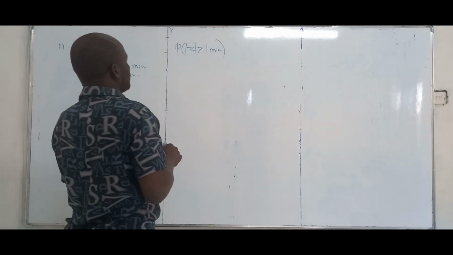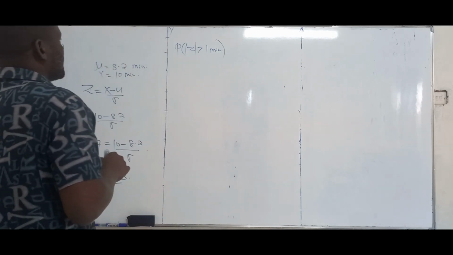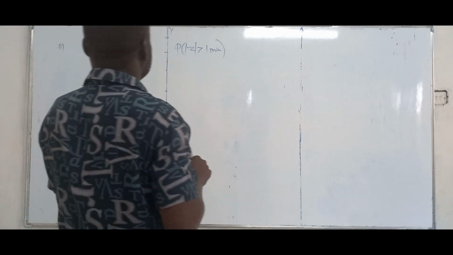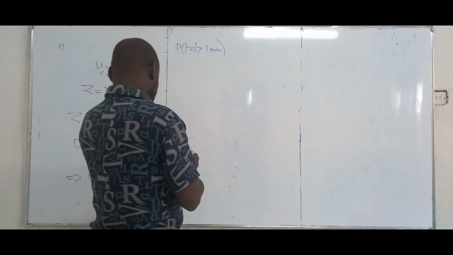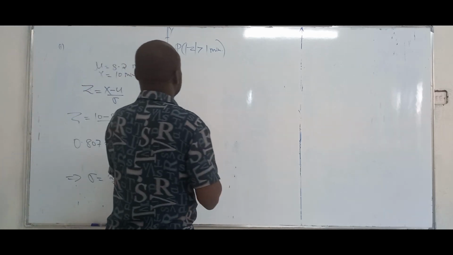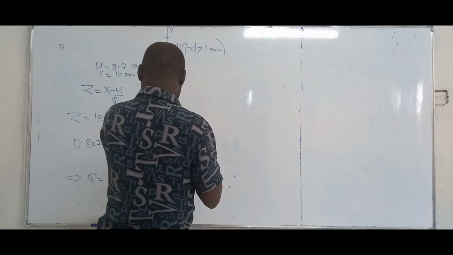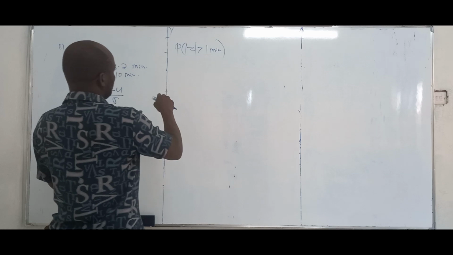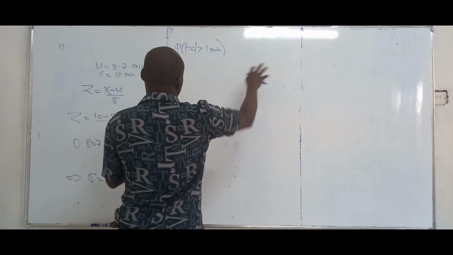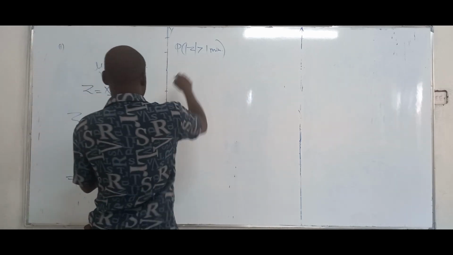So I will take the modulus of that. So that means I'm restricting the value of z. And once I have that, it's greater than 1 minute from the mean, so it is greater than 1.